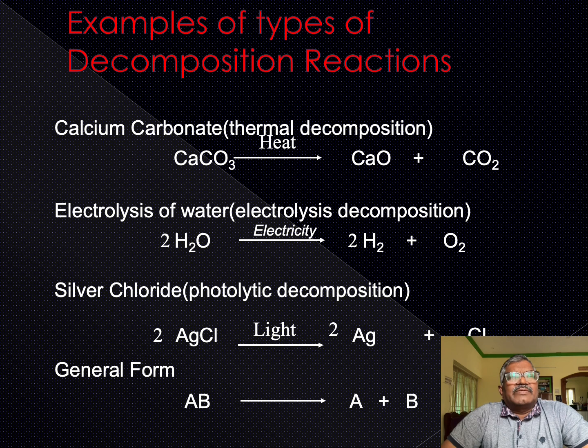If you click a photograph, some part will be exposed to light, depending on how much light is reflected from a person or a thing. Decomposition reaction takes place, and the negative is formed with the help of photolytic decomposition reaction. So dear students, you must know that there are many types of decomposition reaction: thermal decomposition, electrolysis decomposition, and photolytic decomposition.